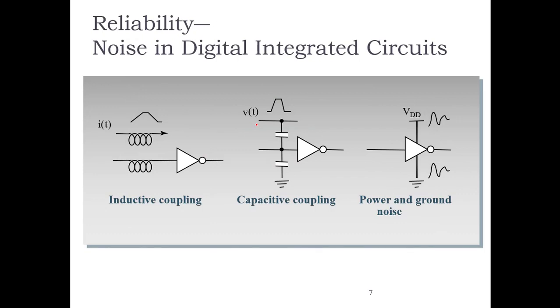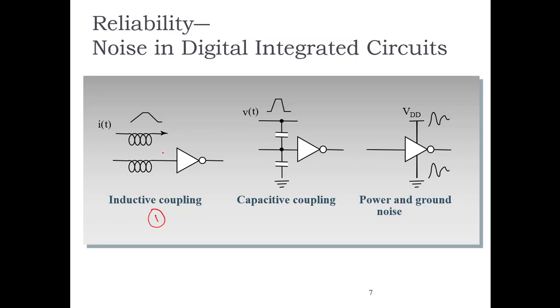Talking about reliability, as I told you, there are two sources, internal to the circuit and external. So internal to the circuit, we have one kind of noise coming from inductive coupling. You know the inductors are sensitive to change in current.